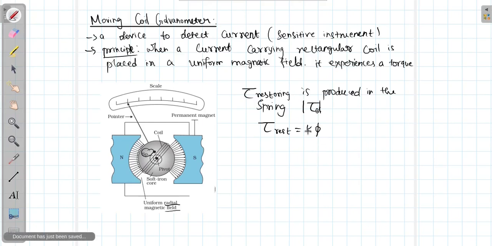Instead of theta, they have chosen phi. Phi is the deflection, in divisions, not in angle. K is like a torsion constant. K is the torsion constant.